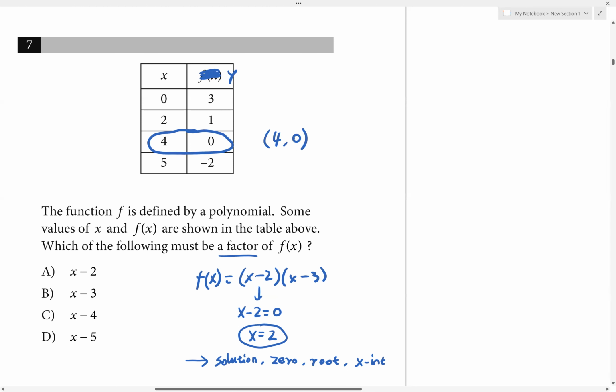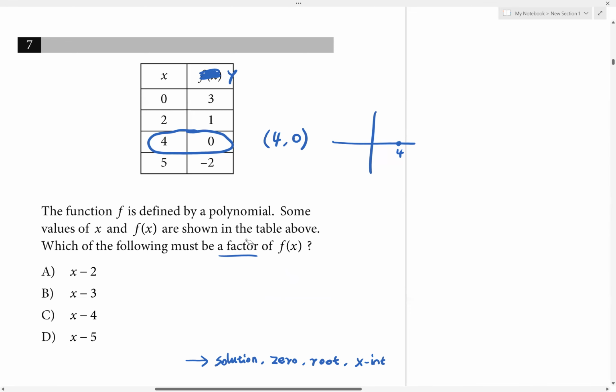When the y value is 0, that's right on the x-axis. So the graph goes through the x-axis right at 4. That's where the 0 is. So if 4 is a 0, what will be the factor in factor form?